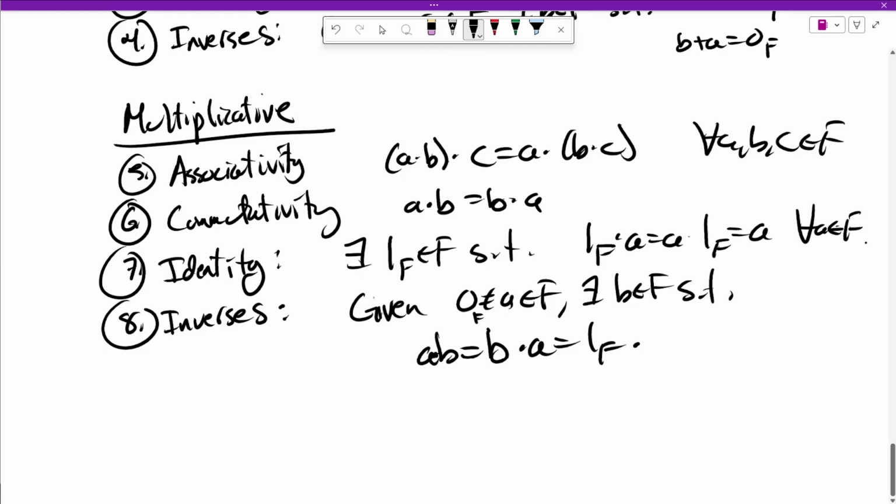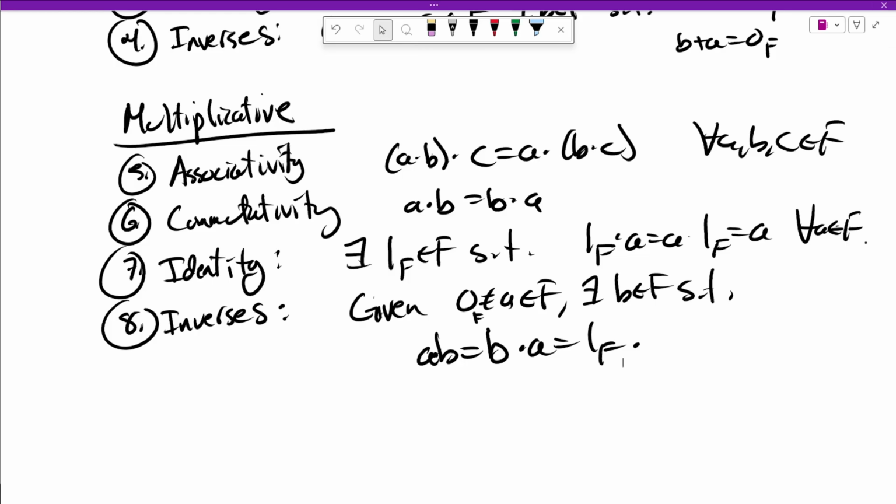Now it's very important that that element is non-zero, because B kind of represents 1 over it. 1 over 0 we saw in the previous video doesn't really make any sense. So we want to have a division, but only in the case that it makes sense. And it only makes sense when A is non-zero.